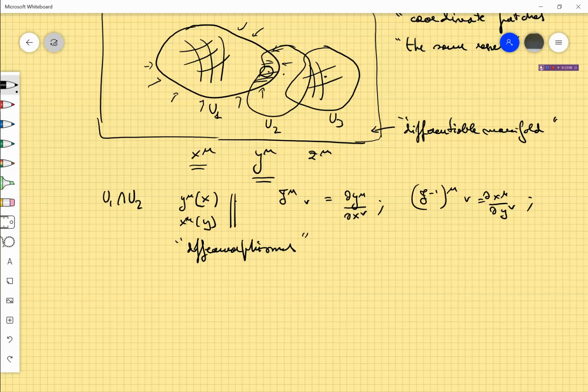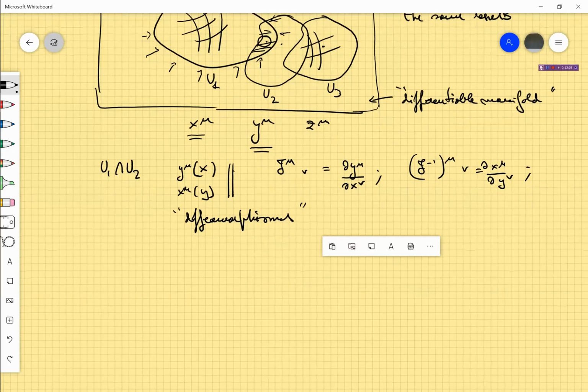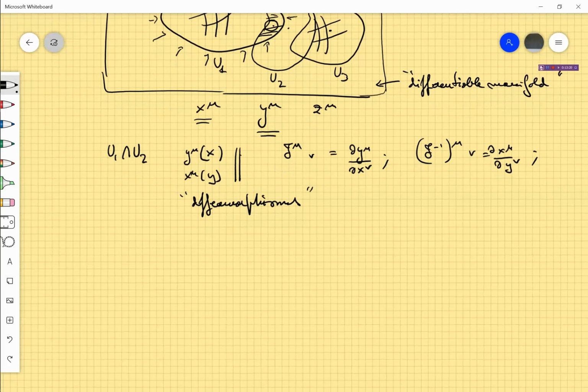So they must transform nicely or in a well-defined way under these diffeomorphisms, under the kind of coordinate transformations that we are considering here. These objects are tensors, and also a slight generalization that we will see at the very end, which are called tensor densities.